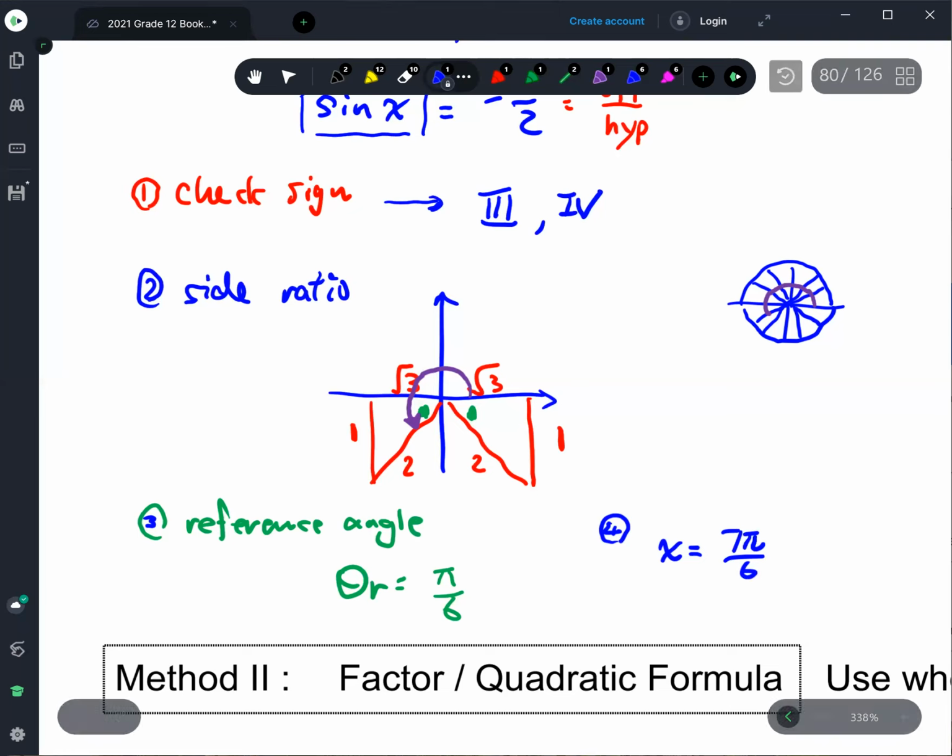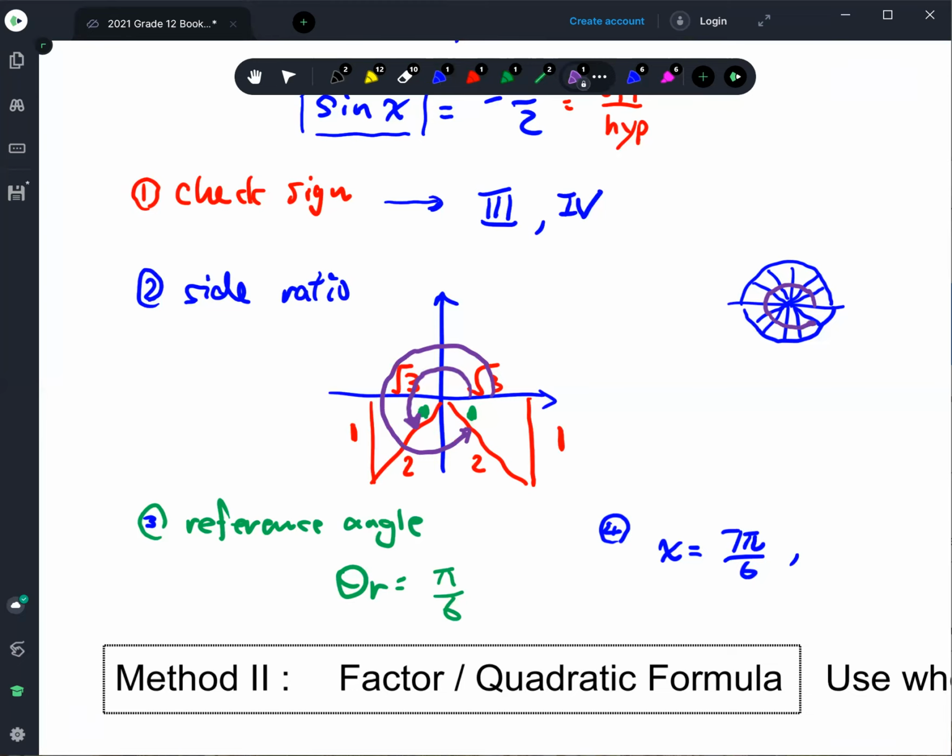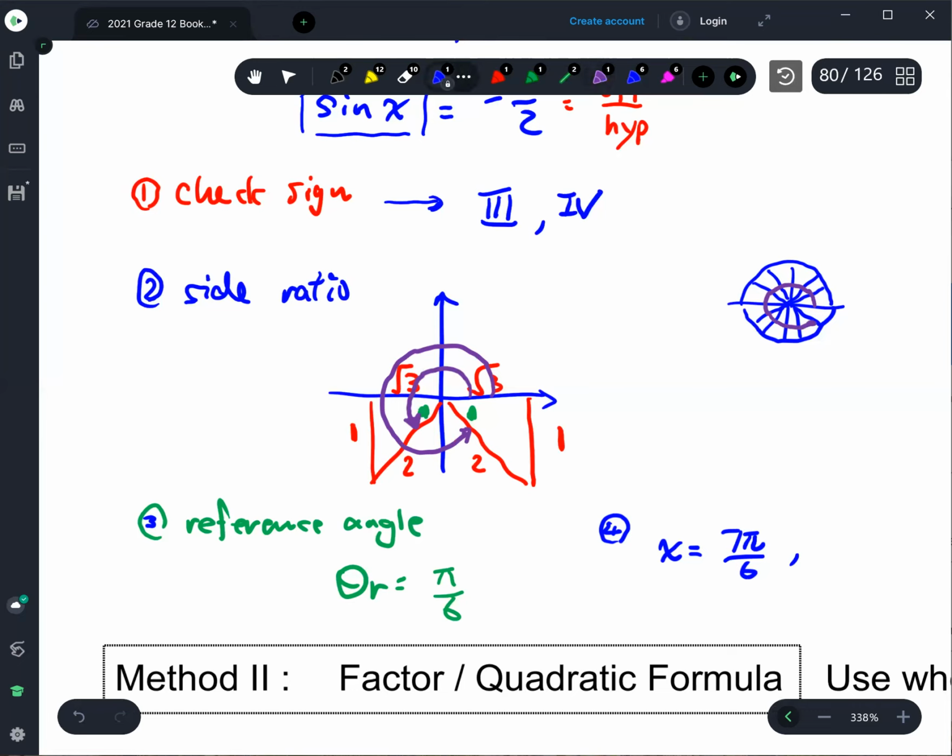Please remember, do not answer in degrees on your homework. Last one, the second angle, you have to turn all the way to here. So in your picture, you count the slices all the way to here. What's the angle for this one? Sophie? 11 pi over 6. Yeah, 11 pi over 6. So those are the angles in the domain.